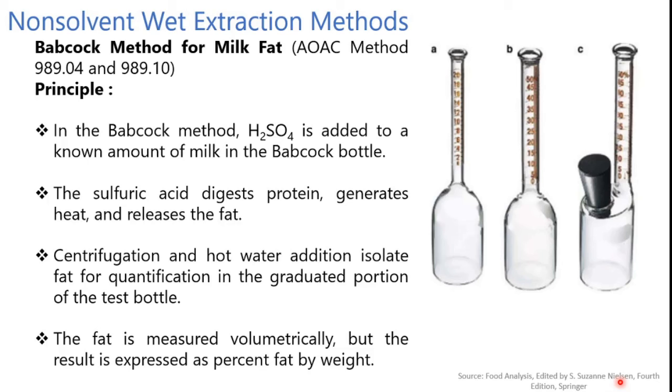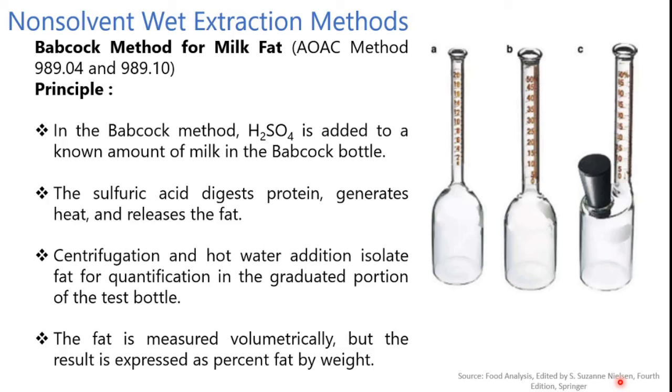In the Babcock method, the principle is that sulfuric acid is added to a known amount of milk in the Babcock bottle, which is shown in the figure. The sulfuric acid digests the proteins and generates heat, which releases the fats.